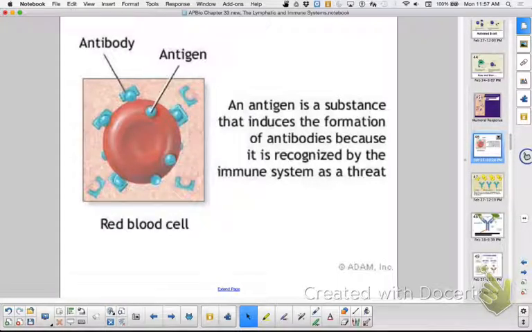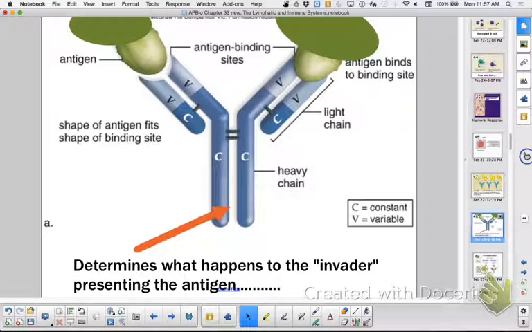Antibodies, their shape, they are Y-shaped. They have two chains brought together, a longer, heavier chain and a shorter, light chain. This part right here determines what's going to happen to whatever it's attached to. Maybe 4 or 5 different responses here.